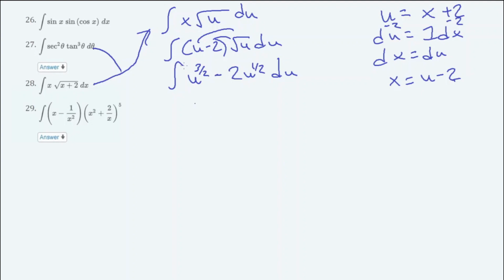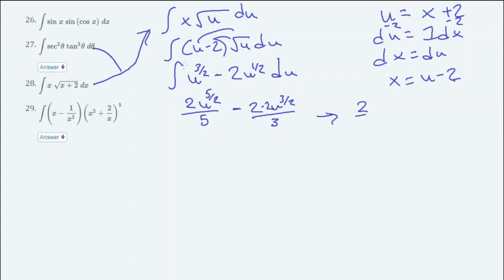The antiderivative of u to the 3/2 power is going to be u to the 5/2 power divided by 5/2, minus 2u to the 3/2 power divided by 3/2, which is going to be multiplied by 2 over 3. So let's rewrite this.